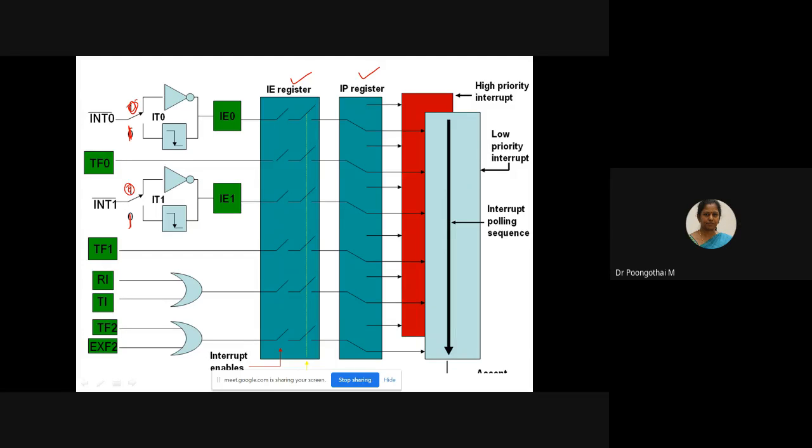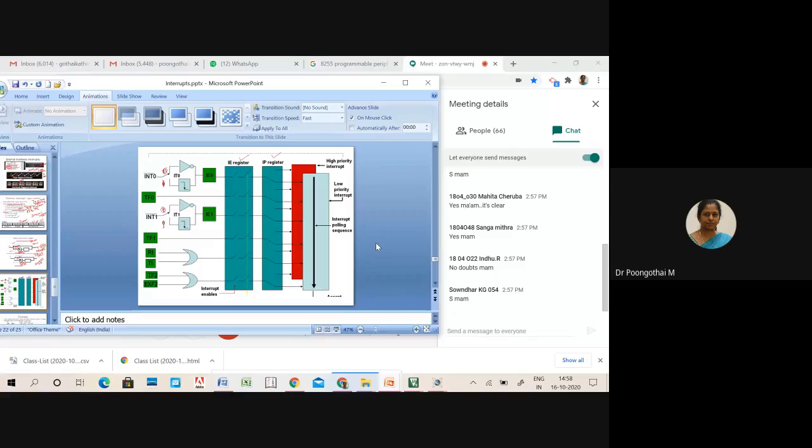What are the interrupt flags? Please tell me. How many interrupt flags are available in the IE register? How many interrupt sources in 8051? Please tell me, what is the content of the IE register?